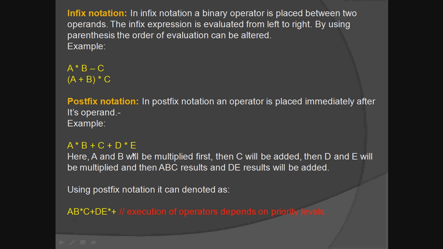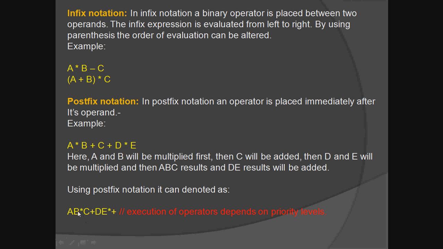As you can see here, in postfix notation, an operator is placed immediately after its operand. The operator, that is this multiplication asterisk symbol, is placed immediately after its operand. As I said, a and b will be multiplied first, a into b, right? So a b is written, the operands are written, and after that the operator is written immediately after them.